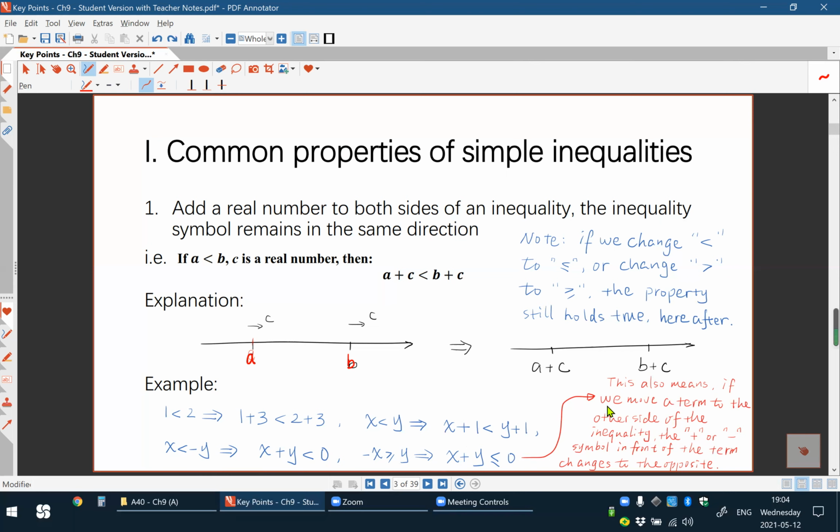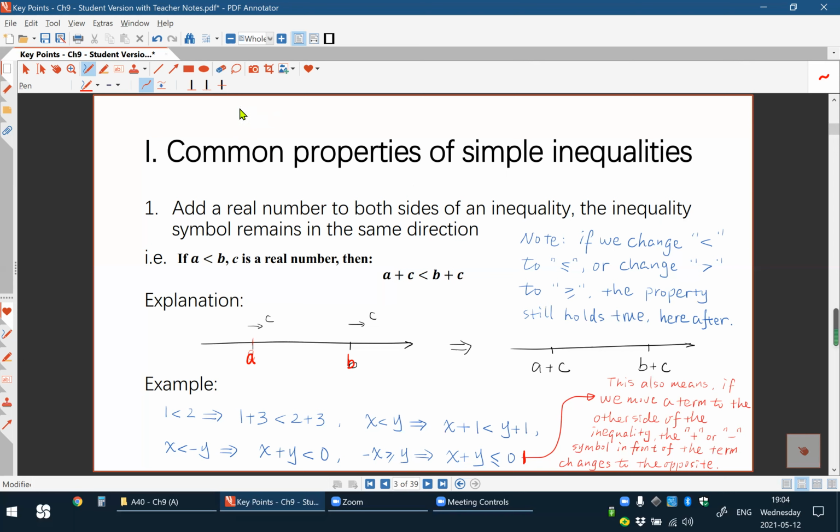Okay, and this also means if we move a term to the other side of the inequality, the plus sign or minus sign in front of the term changes to the opposite, right?